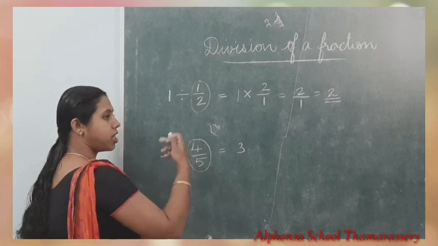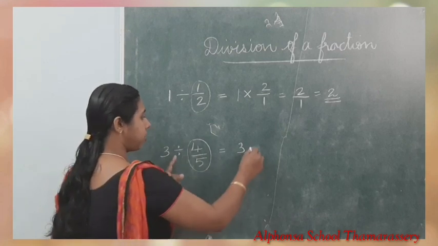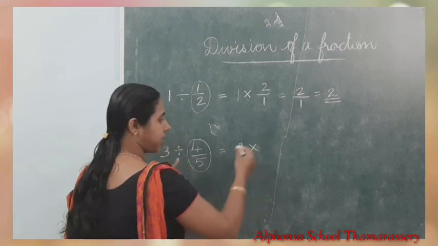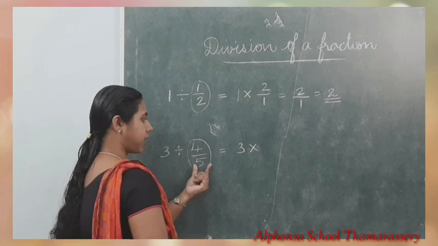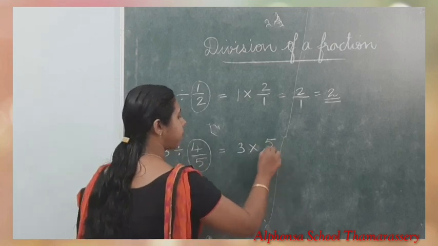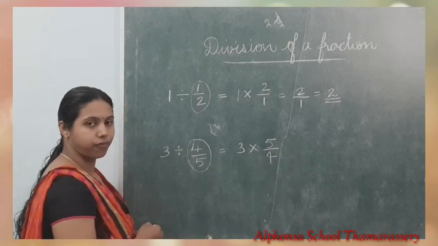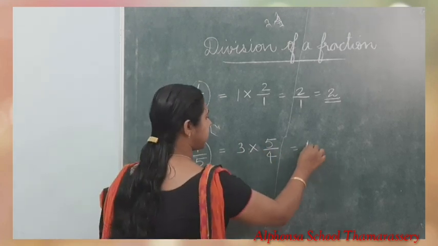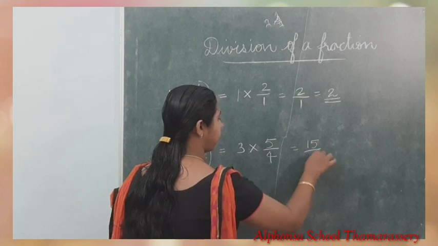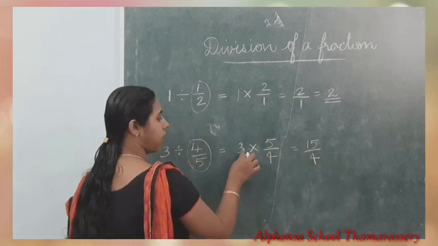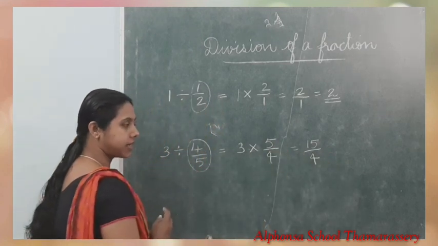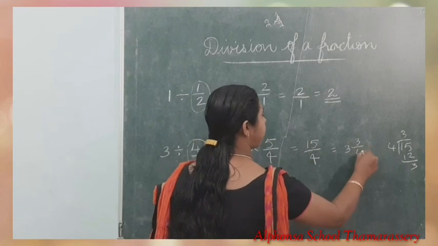The division changes to multiplication. So now it will be multiplication, reciprocal of the second fraction, that is 5 by 4. So 3 into 5 by 4, that is equal to 3 5s are 15 by 4. Multiply the numerator and the whole number and keep the denominator the same.